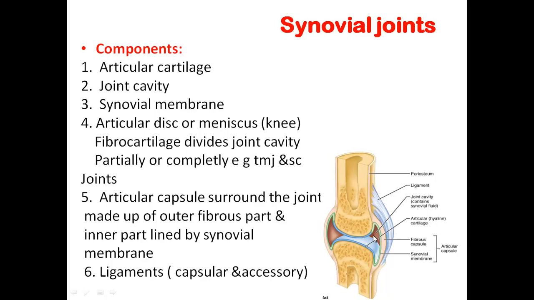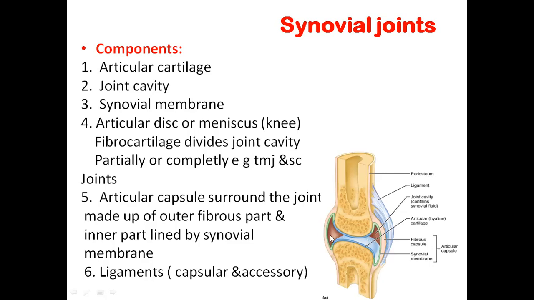In this joint, we have no articular disc or meniscus, but in certain joints, like the sternoclavicular joint, temporomandibular joint, and the knee joint, we have another structure in this cavity that extends from the joint capsule towards the other end of the joint capsule, dividing the joint space completely into two compartments.